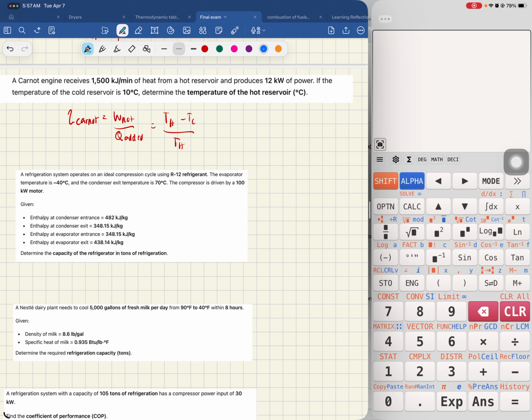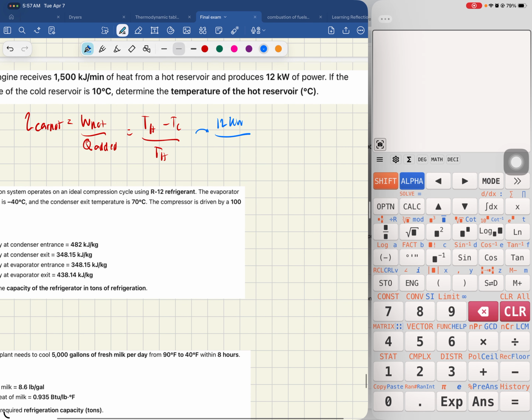since it's in kilowatts, we'll just use dimensional analysis. If it produces 12 kilowatts of power, and it receives 1,500 kilojoules per minute as the heat added, so 1,500 kilojoules per 60 seconds.